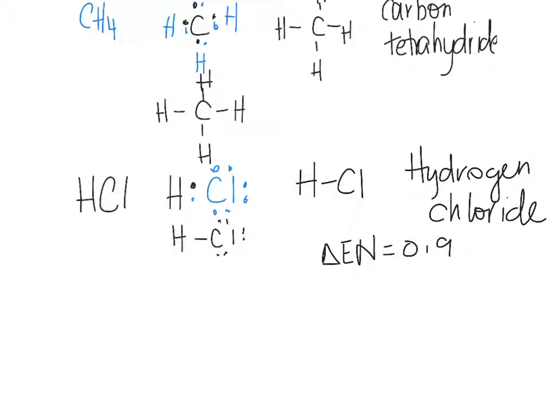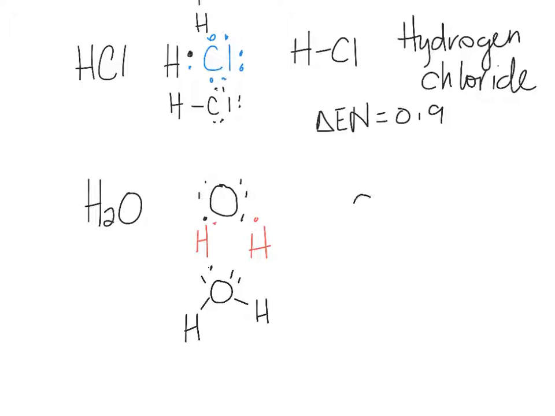It's a polar covalent bond. The electrons are not equally shared. Chlorine's got a bigger pull on them than hydrogen does. So basically, hydrogen's a little bit positive, chlorine's a little bit negative. Try and keep the shape.